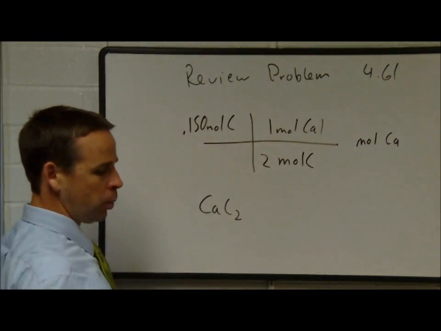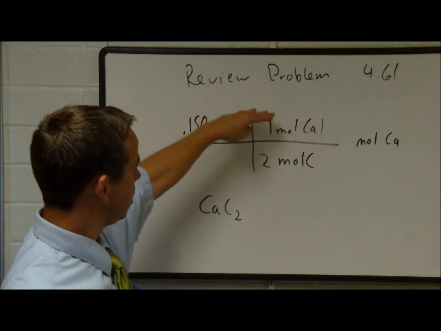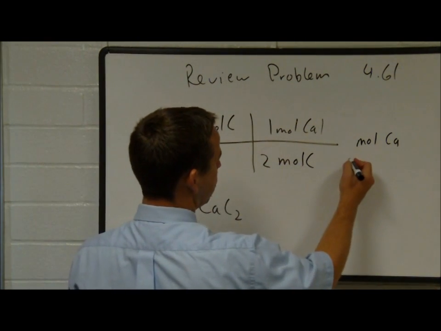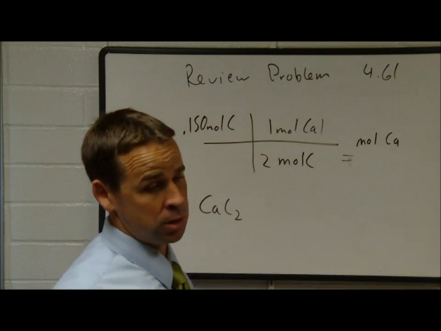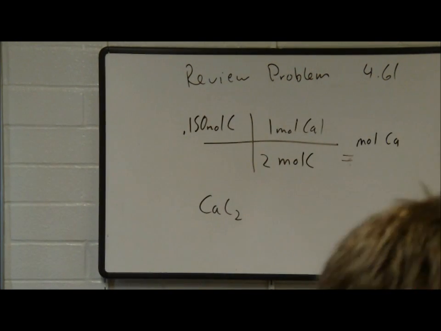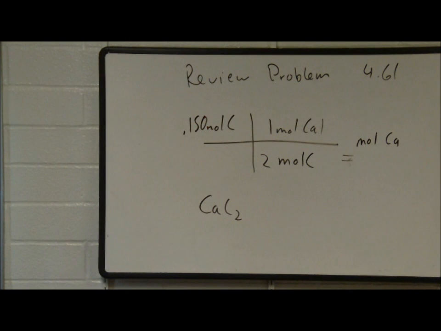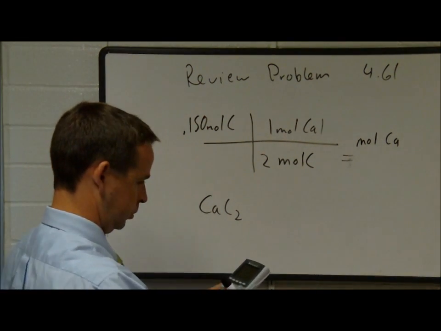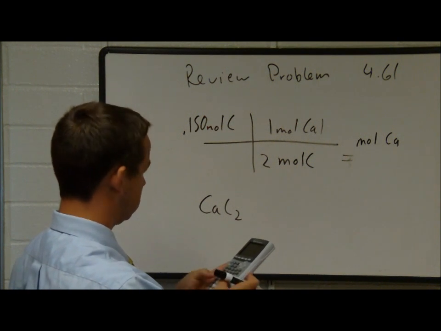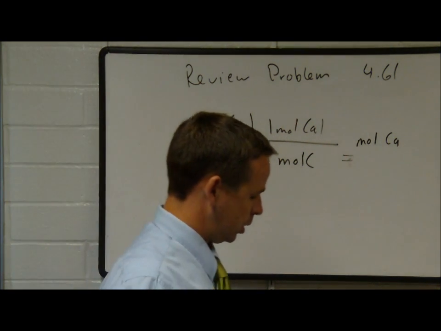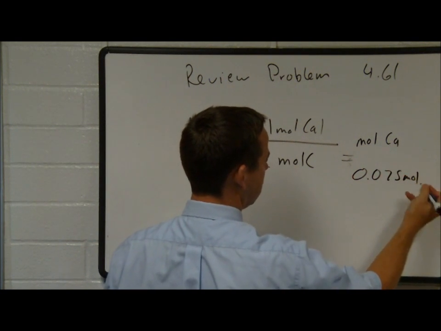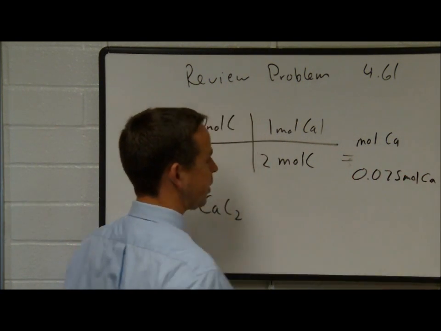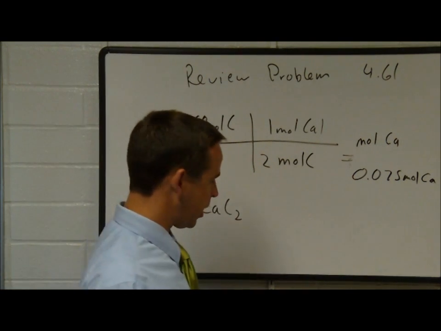So if I have 0.150 moles of carbon, I'm going to have half as much calcium, or 0.150 divided by 2. 0.075. Let me get out my calculator real quick. 0.075 moles of calcium, right?